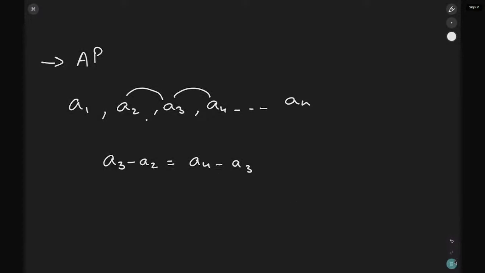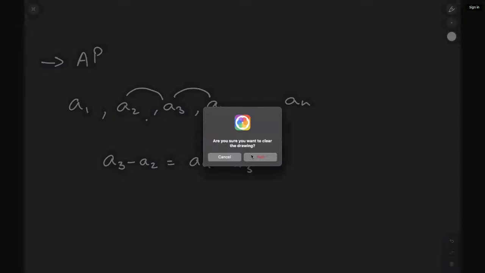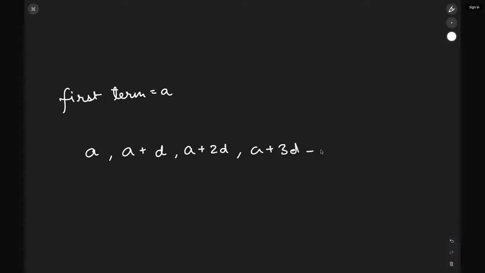So if such is the case, then let's say that the first term of the sequence is A. What will be the next term? A plus the difference D. And in the next term, the same difference D will be added again, so A plus 2D, and A plus 3D, and so on.